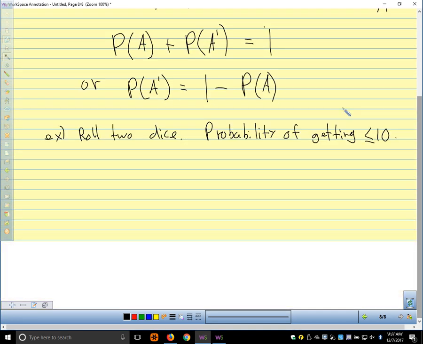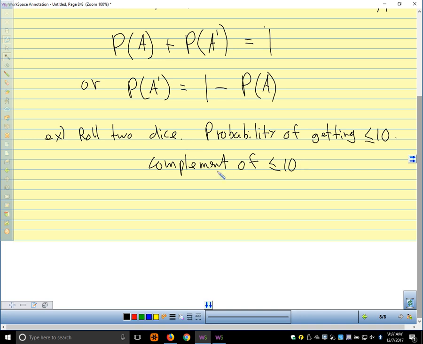What is the complement of less than or equal to 10? What are the other possible outcomes that are not less than or equal to 10?